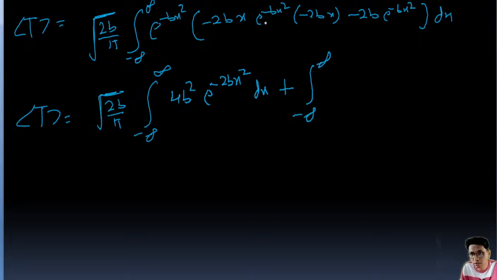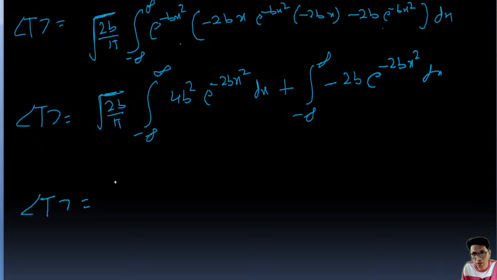Here minus 2b will remain as it is, and e to the power, this will multiply with this, so this is going to be e to the power minus 2bx square dx. We'll solve it, okay? So this is 4b square, and this is b square, and this is 4b.